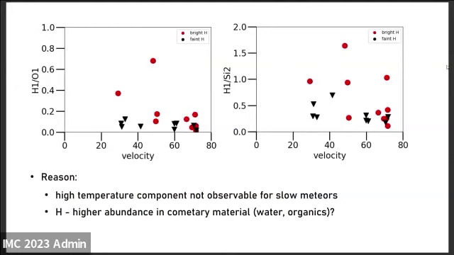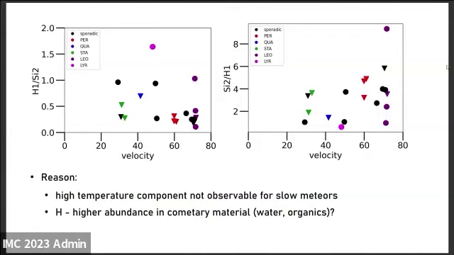It gets more interesting if you look at the shower membership. For example, the Perseids are together because I could barely identify hydrogen in their spectra. They were bright in silicon. On the other hand, the Leonids showed a diversity in hydrogen and in silicon.